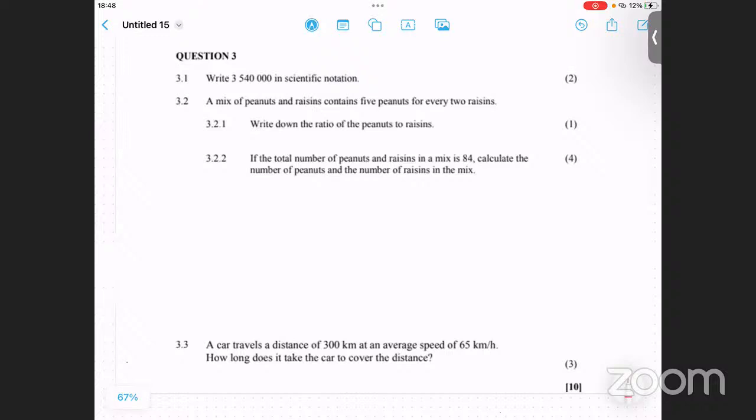It's going to be 3,54 times 10 to the power 6. So 3,54 times 10 to the power of 6. And that's absolutely correct.